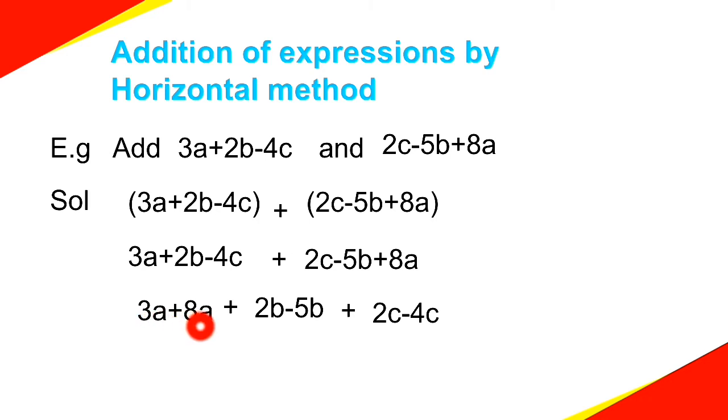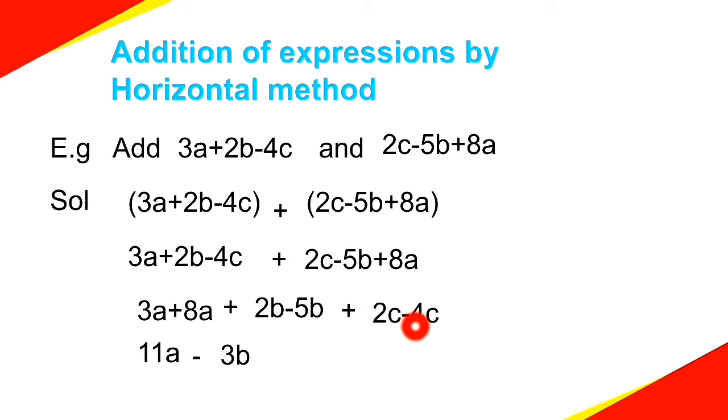Right? Now here you can see these two are like terms. 3a plus 8a. 3 plus 8. How much? Right, 11a. Next, 2b minus 5b. What can we get? Right, in these two, what is the highest number? 5. For 5, what is the symbol we have? Minus. So 2 minus 5 means 3b. Next, for 2, we have a positive term.